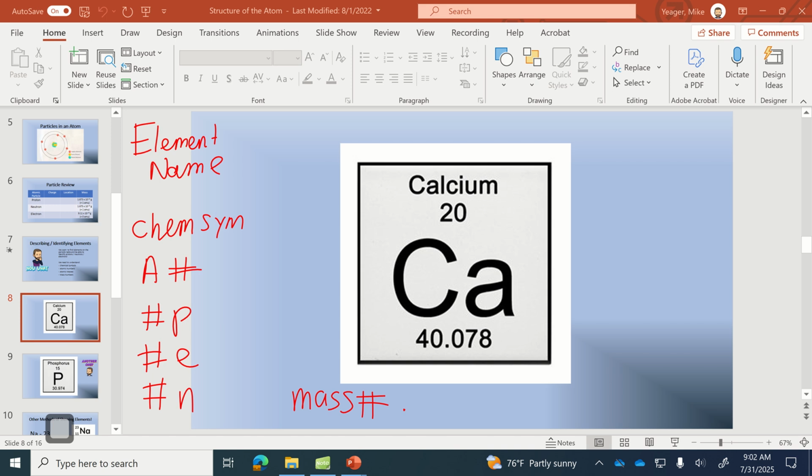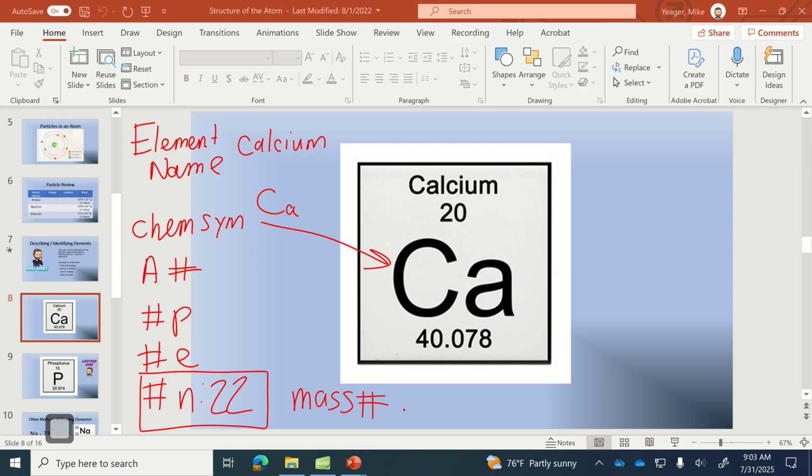I'm going to say that the number of neutrons in this calcium atom this time is 22. Now you can answer the rest of this. The element name is calcium. The chemical symbol is Ca. Make sure I write capital C, little a.